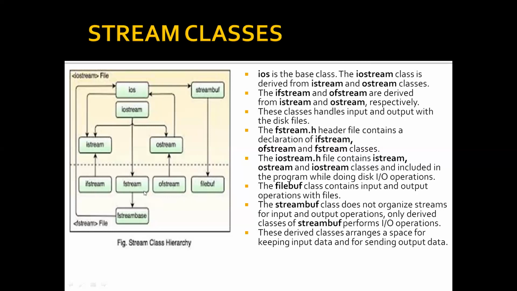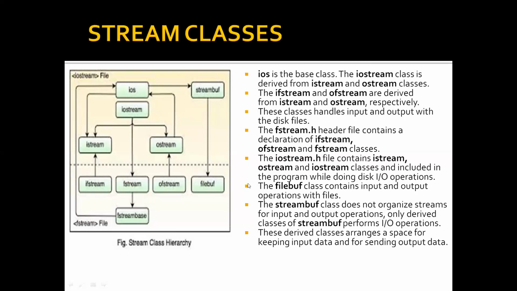These particular classes help you to handle the input and output with disk files. The next one is that the fstream.h header file contains the declarations. When you include fstream.h in your program, you will have ifstream and ofstream. Generally we include iostream.h in every program.